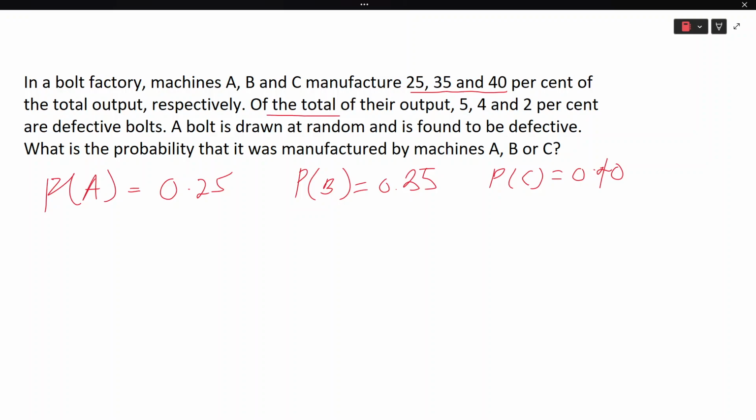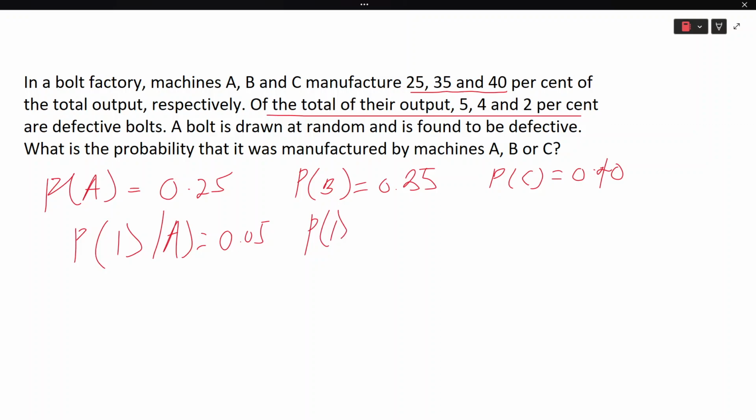Now for the second sentence, out of the total of their output, 5% are defective. So we already know that if this output is produced by them, the percentages 5, 4, and 2 are defective output. They've given us the probability that it is defective, given that it is coming from machine A, is 5%, which is 0.05.